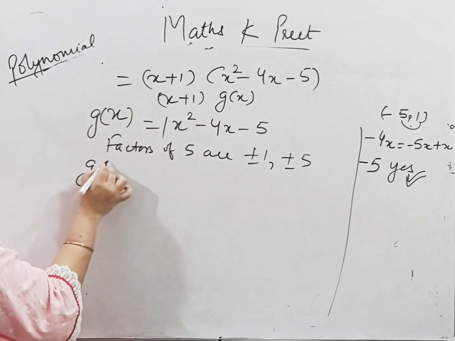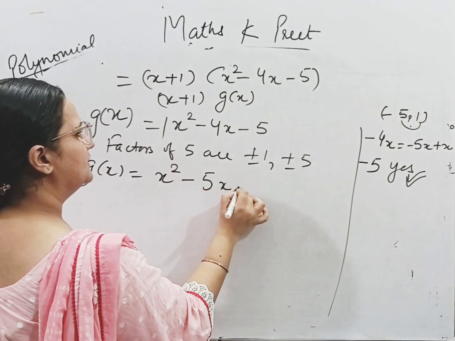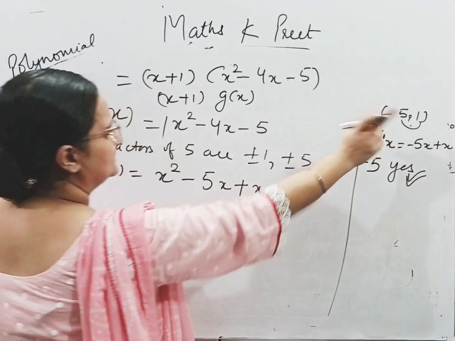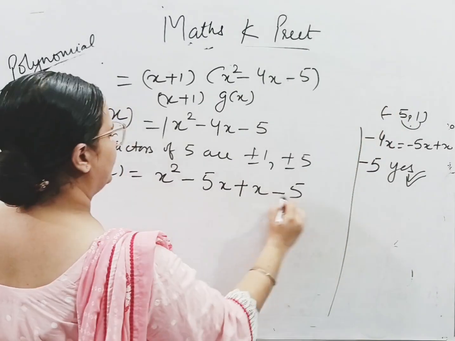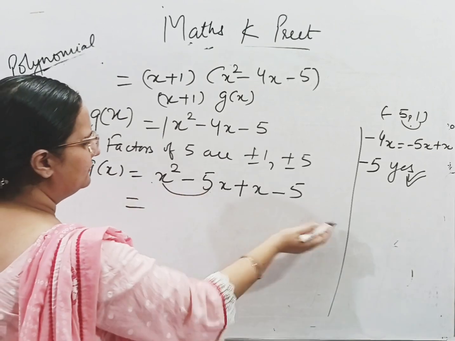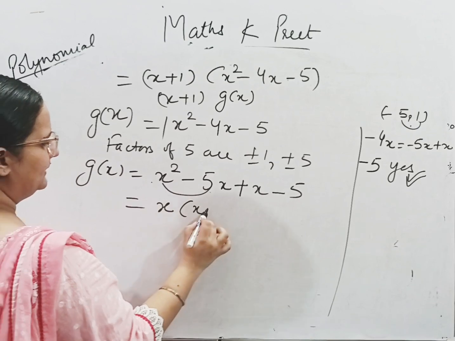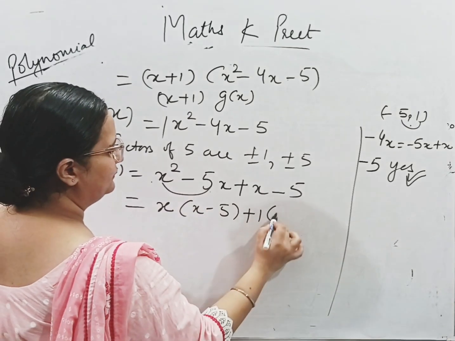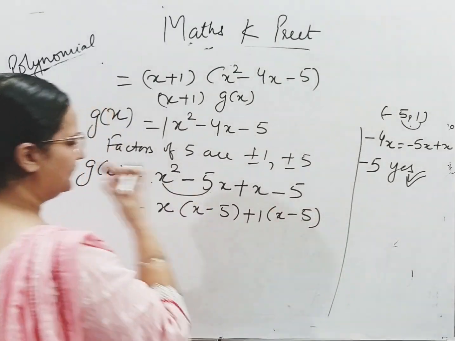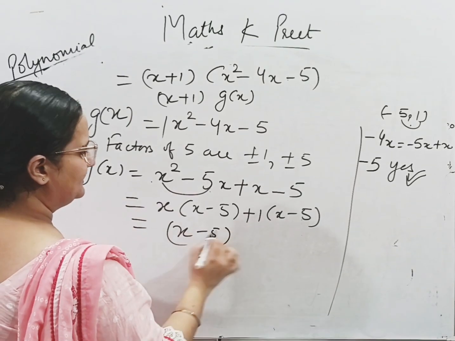So I can write this g of x as x square minus 5x plus x minus 5. From these two, it's again like 1, 5, 1, 5. So we can try this. We can take this x common. We are left with x minus 5, plus 1 from here to get this factor. So x minus 5 is common in both. Take this out.